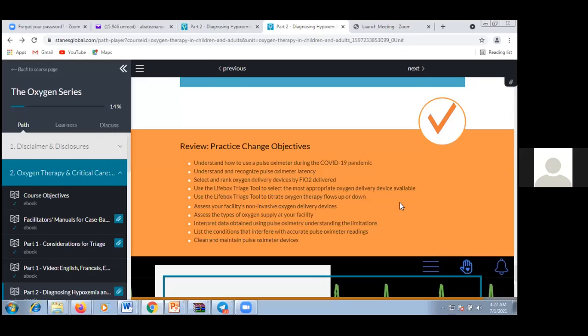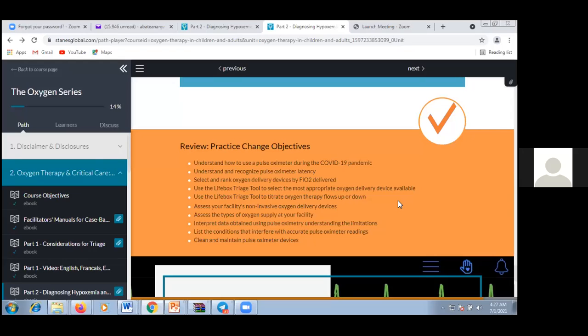Also, you recognize that there is pulse oximetry latency, and as many of you are participating in ranking oxygen delivery devices by effort of delivery, you now have to use the triage tool in order to titrate oxygen therapy and to choose oxygen delivery devices.